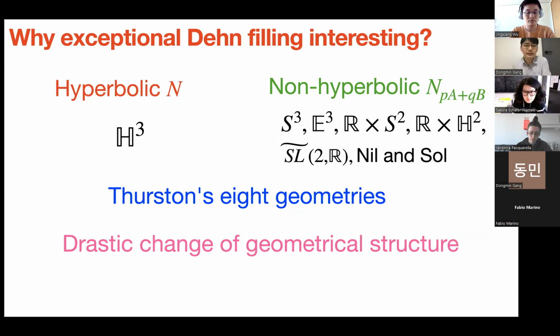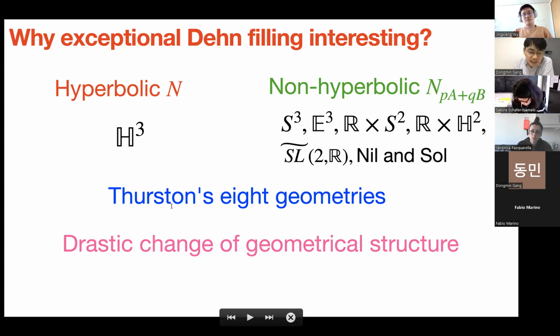So why this exceptional Dehn filling is interesting from a mathematical perspective is that, according to Thurston, a 3-manifold can have a geometric structure, and there are 8 geometries. The hyperbolic manifold of course corresponds to one geometric structure called the hyperbolic geometry, and the non-hyperbolic manifold can have the other 7 geometries.